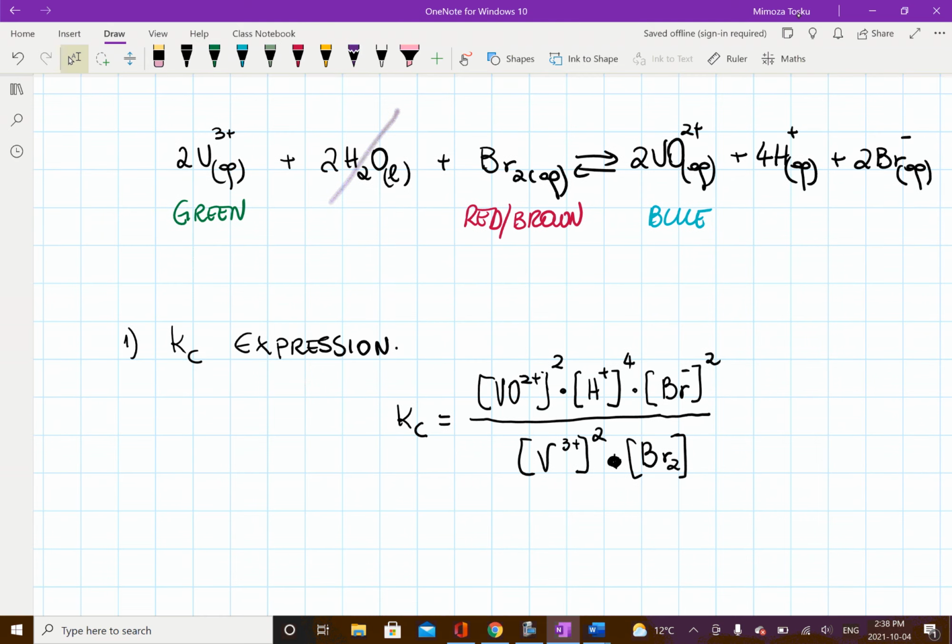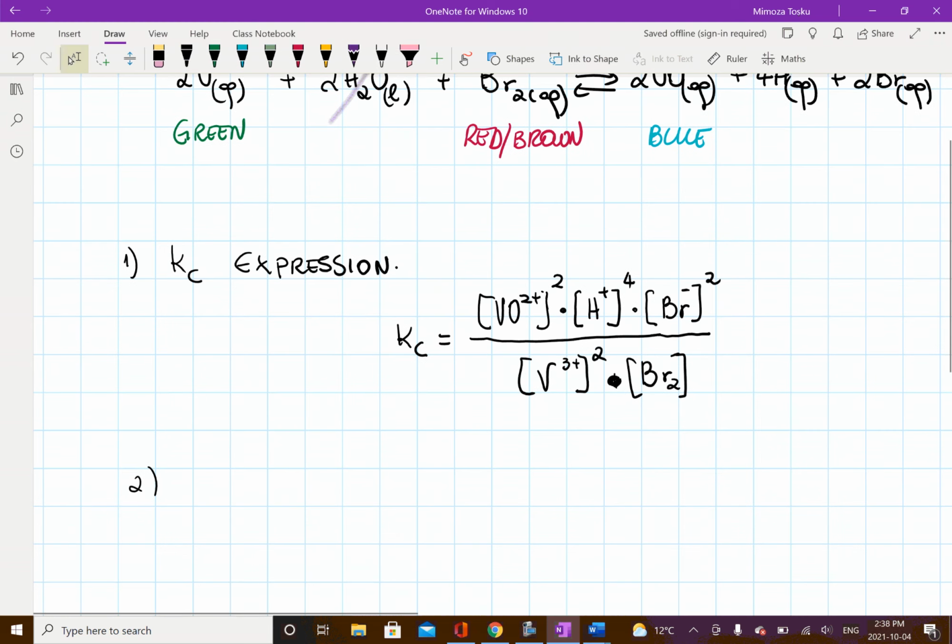Now, one question may ask what color change you would expect if you add vanadium 3 nitrate into the solution.